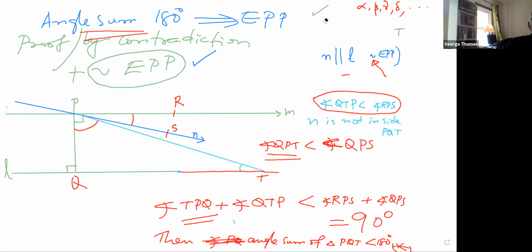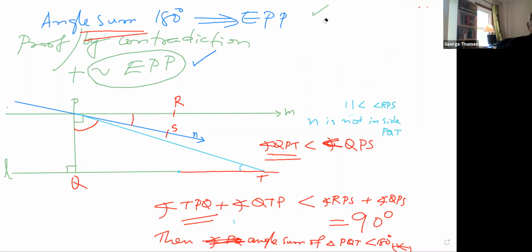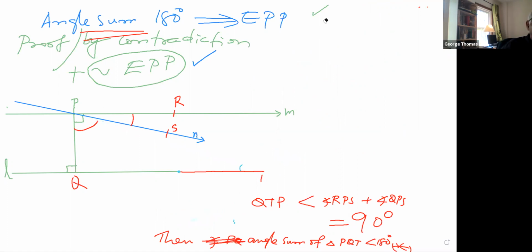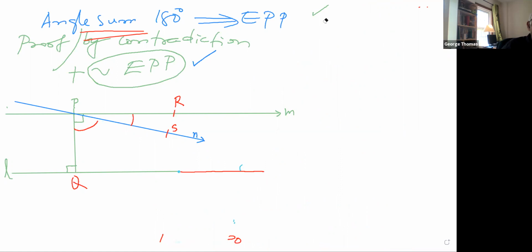We have 6 minutes. I'm going to send you the notes for this, by the way, guys. This is a lot of writing for you. So let me go over the proof again.